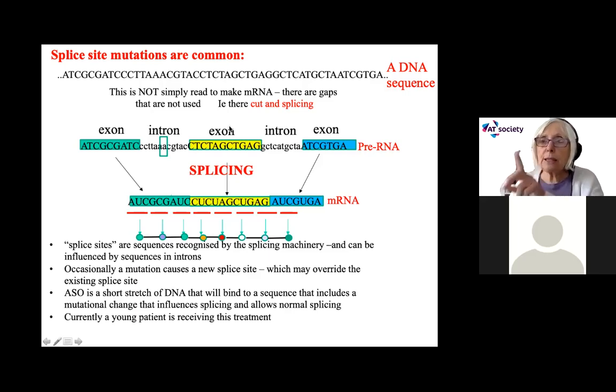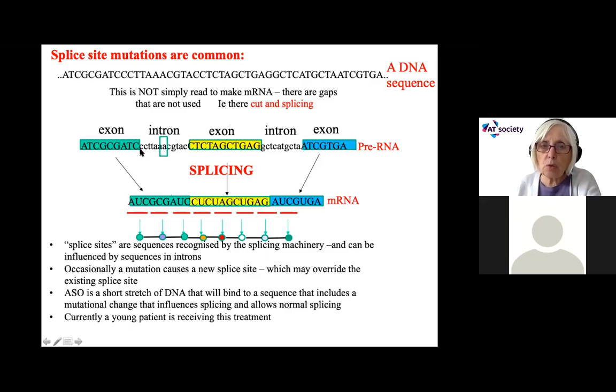But this approach that the AT Children's Project are using is only going to be suitable for a small subset of individuals. It's those individuals where the mutation has created a new splice site.